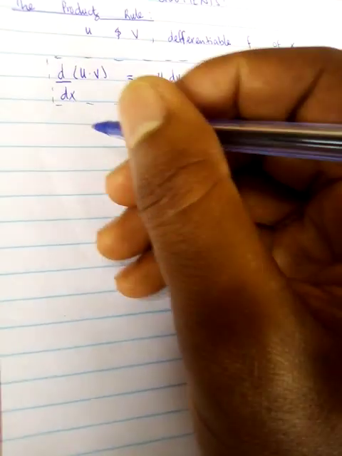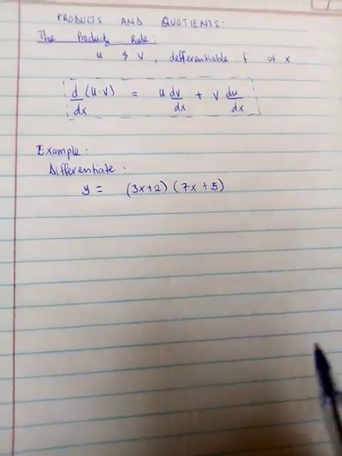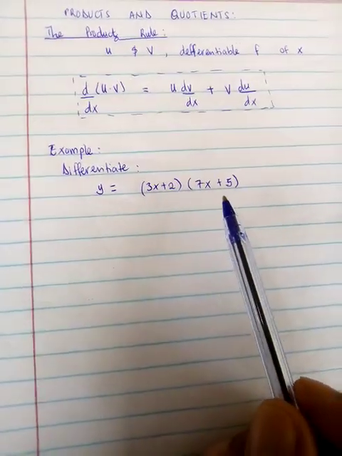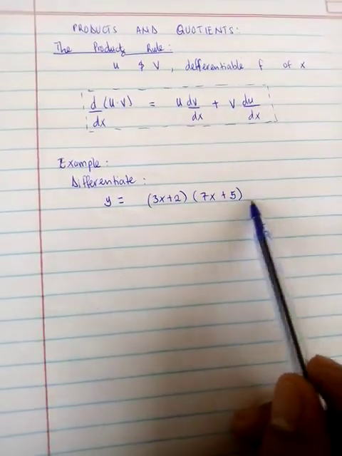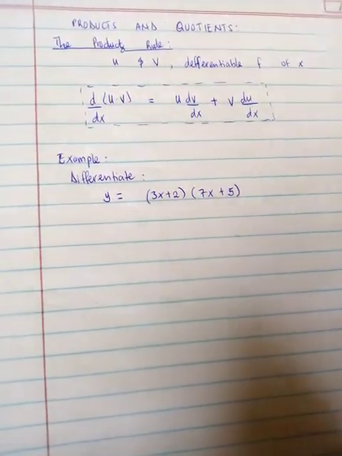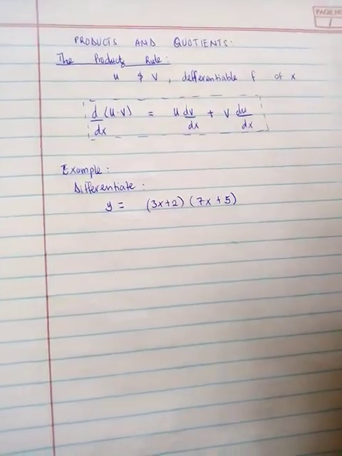As part of our example, I have y equal to this, and we want to differentiate it. Instead of expanding it, you can choose to expand, but some functions are very long, as we shall see, and you cannot easily expand them. So you simply use the product rule.